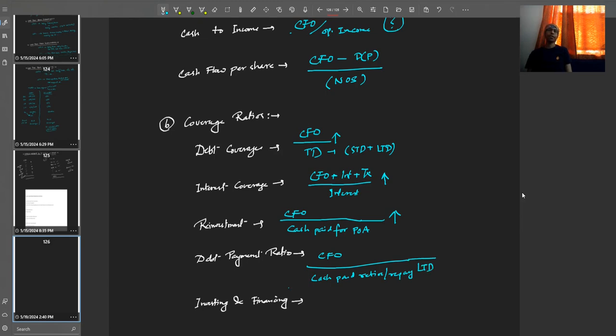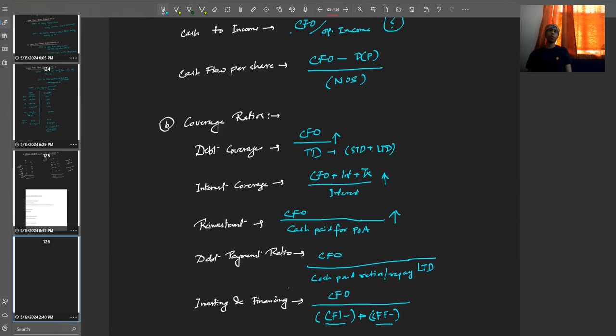Investing and financing ratio. This is the ratio between cash flow from operations and cash outflows from financing activities and investing activities. So CFO divided by the sum of cash outflows from investing activities, CFI minus, and cash outflows from financing activities, CFF minus.